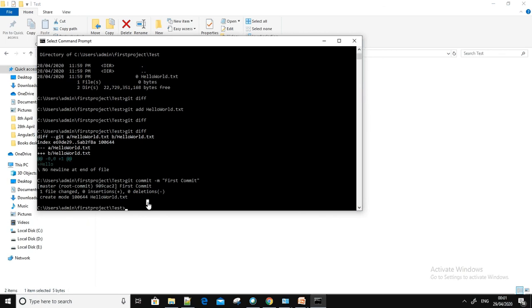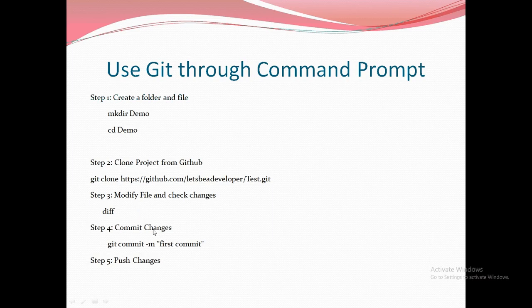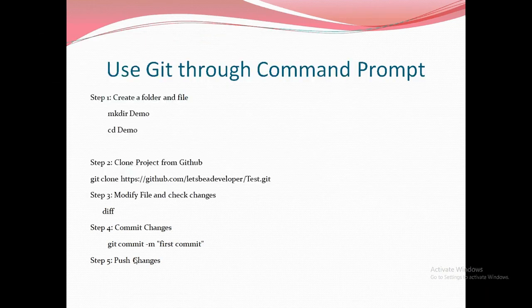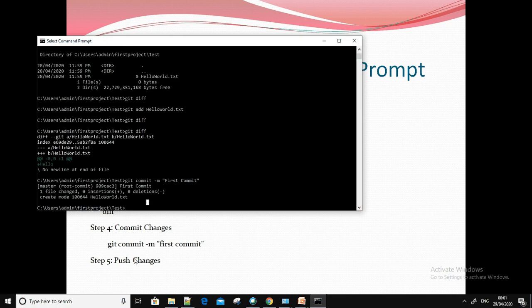Once the change got committed, the next step is that you have to push your changes to the centralized repository, so if anyone is working on the same file and has cloned that same repository and done a pull on it, then he should get those changes.